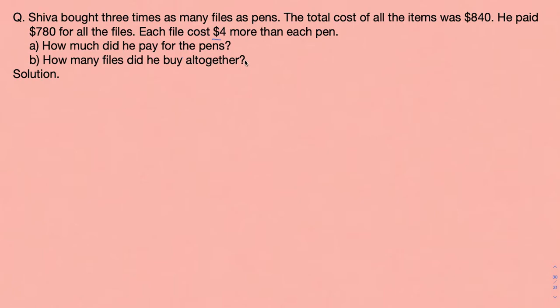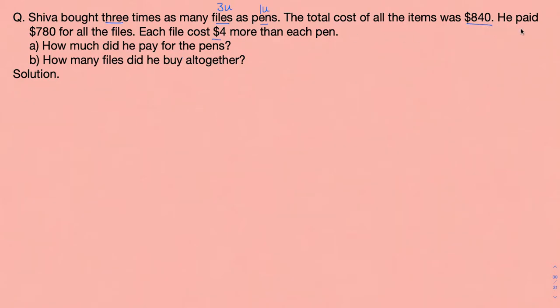So what we have here is that Shiva has bought 3 times as many files as pens, right? So if the number of pens is, let's say, 1 unit, the number of files will be 3 units. Now the total cost of all the items, that includes all the pens and the files, is $840.